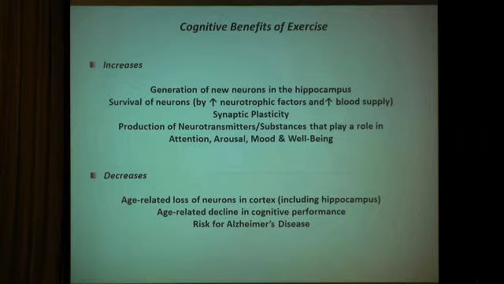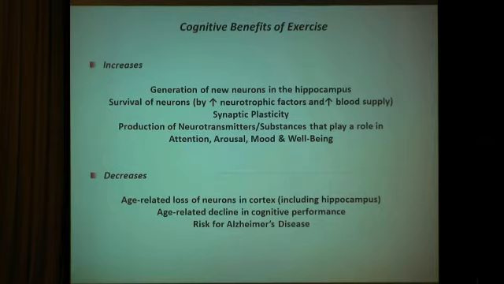If you exercise, more are born. Even more importantly, more of them survive. Of the neurons that are generated in the hippocampus in everybody, very few of them survive. Most of them die.